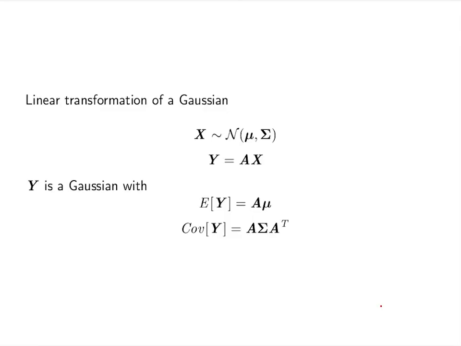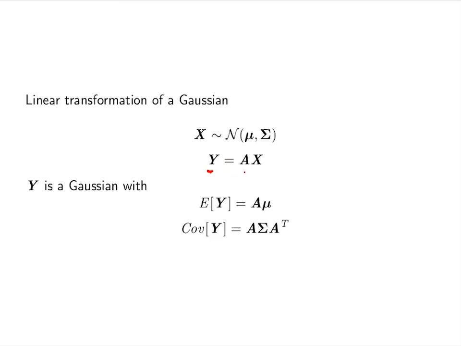Next one is also a very important characteristic of this distribution. In a very abstract form, it means that Gaussian is closed under linear transformation. What does that mean? So assume we have a random variable x and it's distributed according to a Gaussian with mean value mu and covariance matrix sigma, then a new random variable y, which is a linear transformation of x.